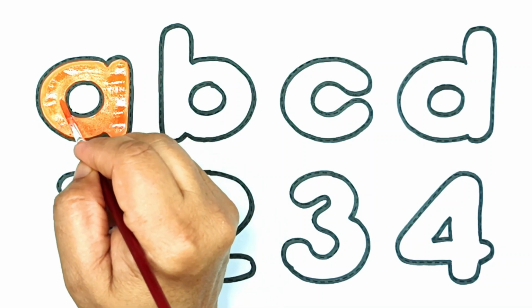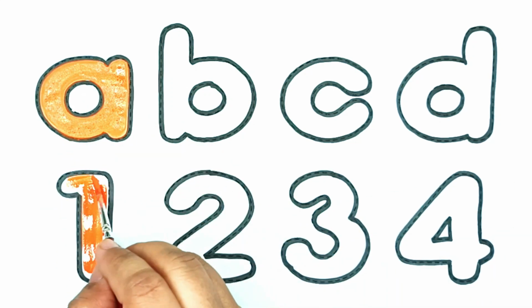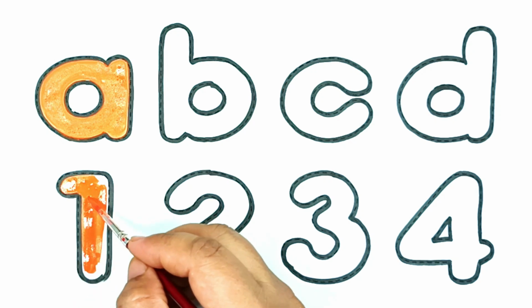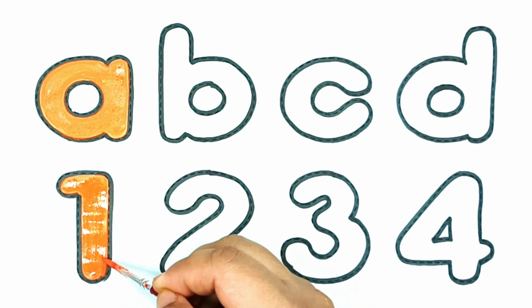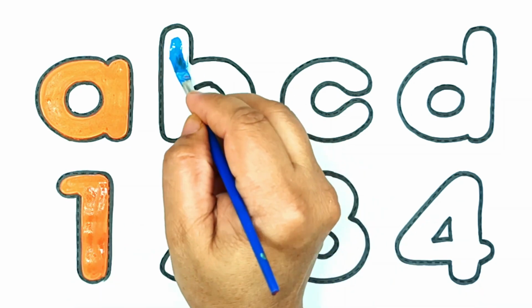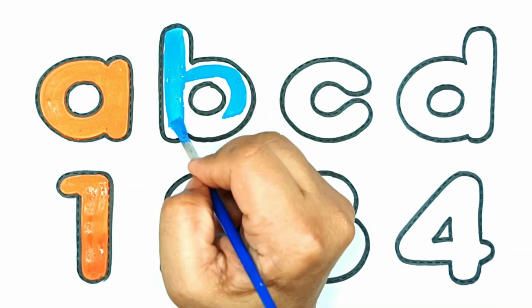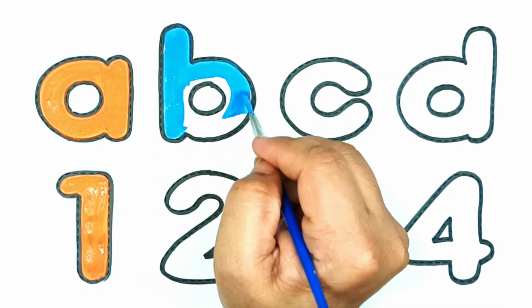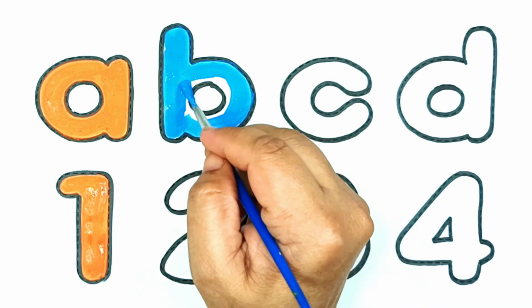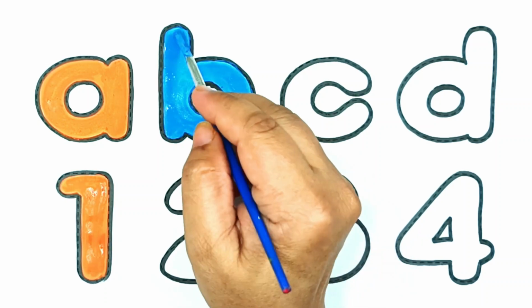A is for airplane. It flies in the sky. One baby arrives. B is for baby.